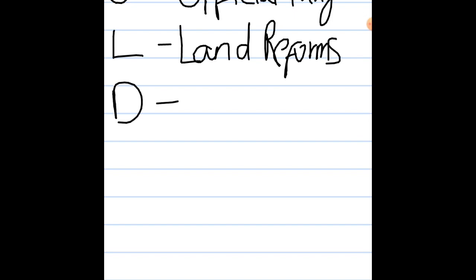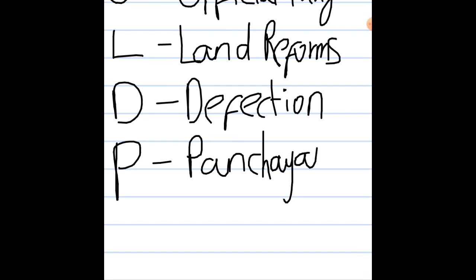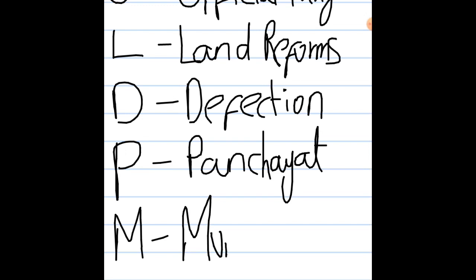D stands for defection. P stands for panchayat. And M stands for municipalities.